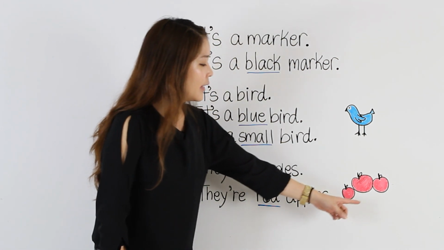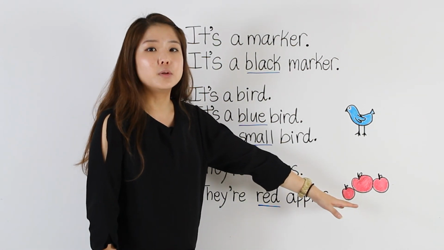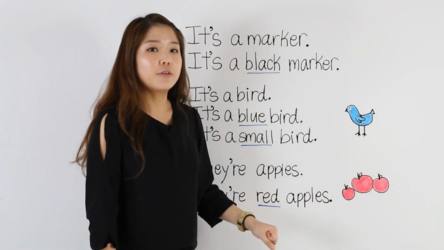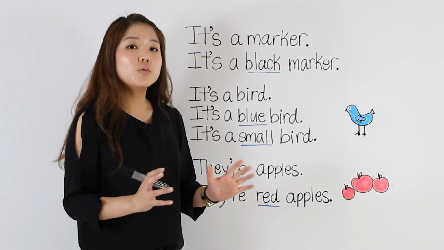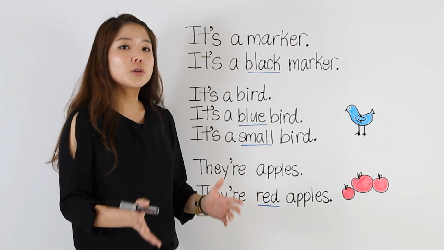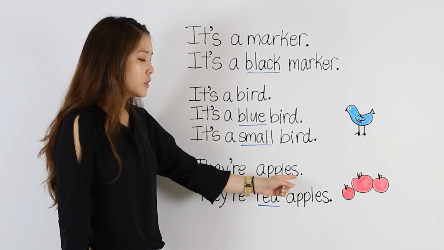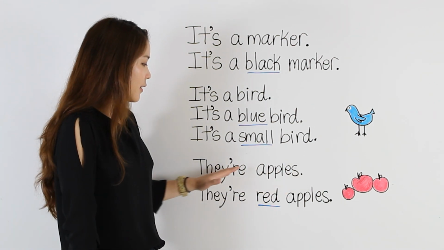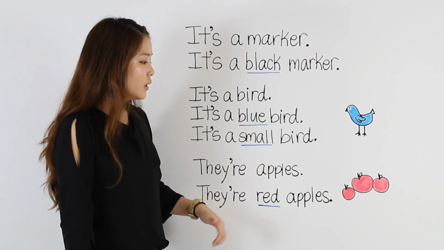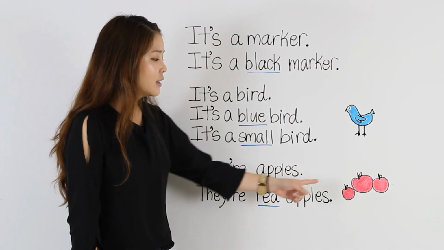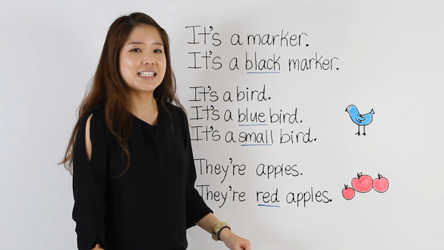Now, at the last part, we have some apples, 3 apples. Okay, remember, when we have more than one noun, it's called a plural noun. So we have to say apples with an S. I want to use the adjective red to describe the color of these apples.